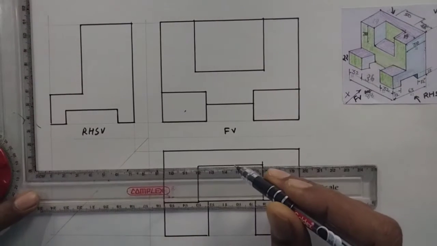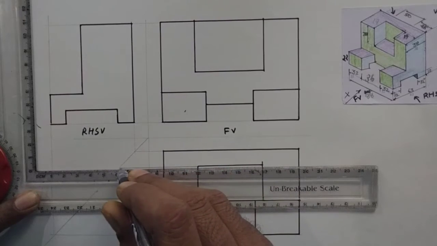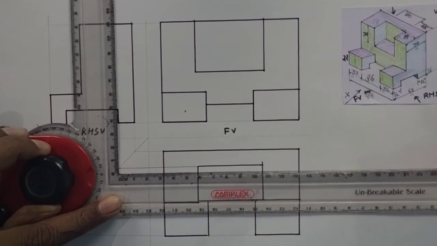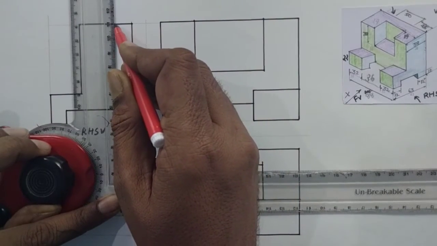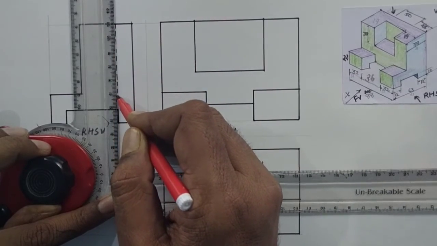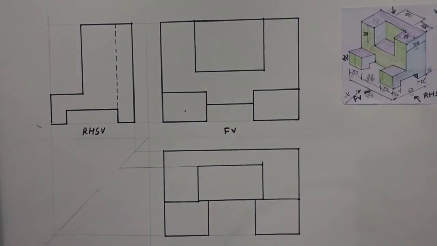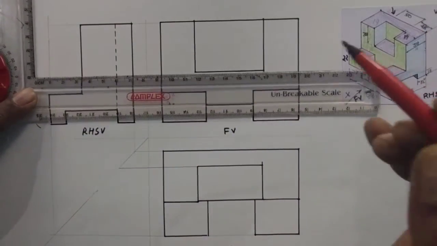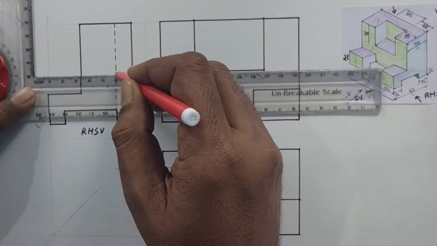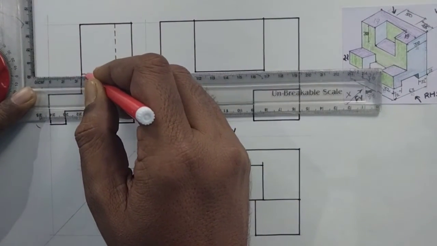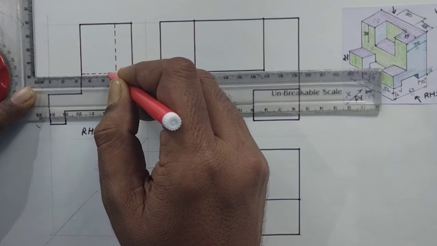So in top view, I take the light projection and move it vertically, and it is dotted here, for the entire height, sorry, up to this level. So I draw this up to this one. Then horizontally I draw the dotted line.